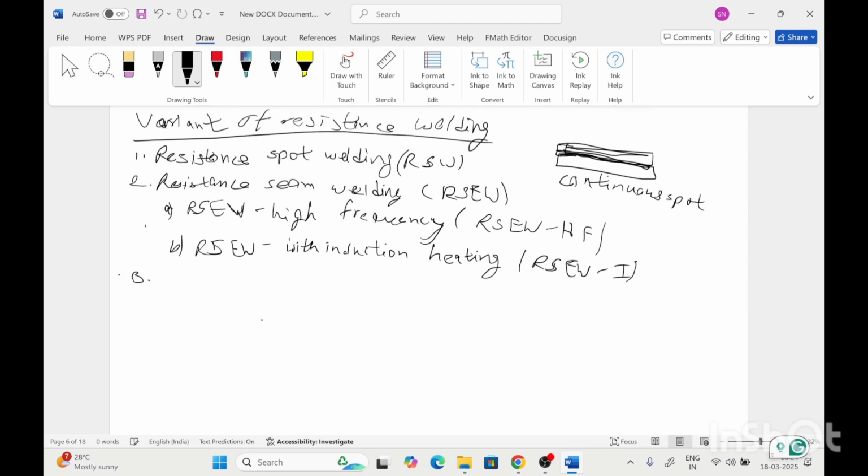The third type is projection welding. Fourth is flash butt welding.